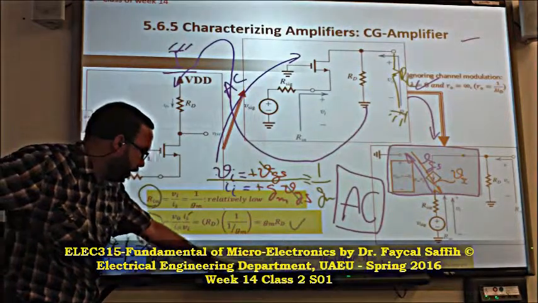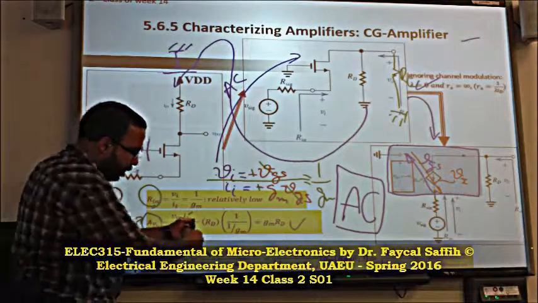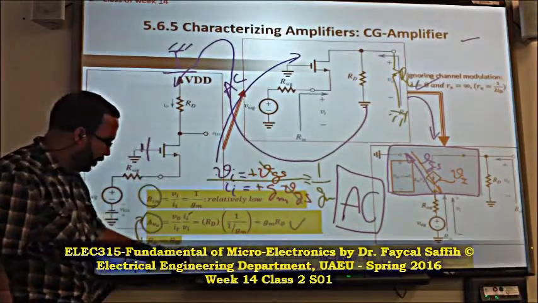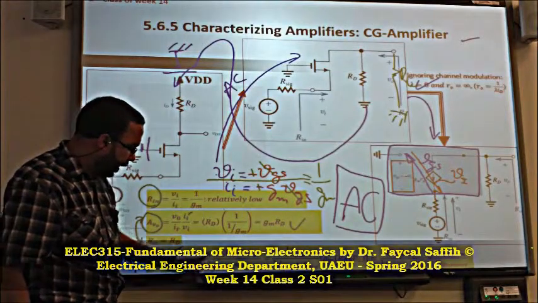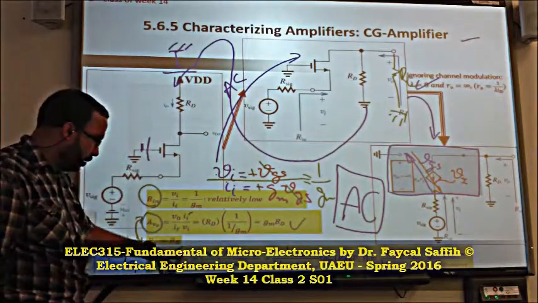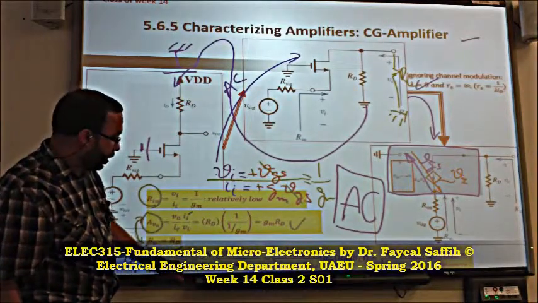So basically we are stretching this and putting VI on top and bottom, numerator and denominator. We have VI, and we have V out, which has to include RL. So here V out is including RL.